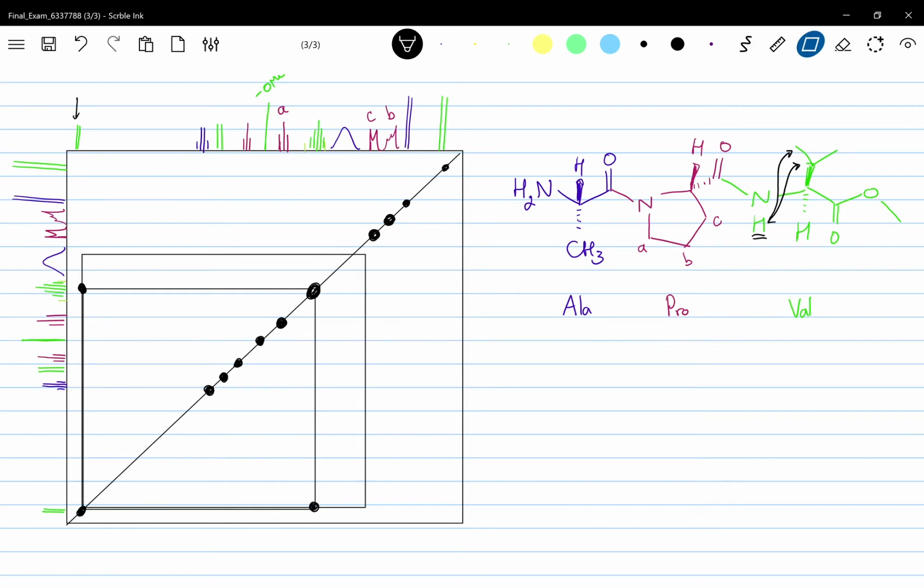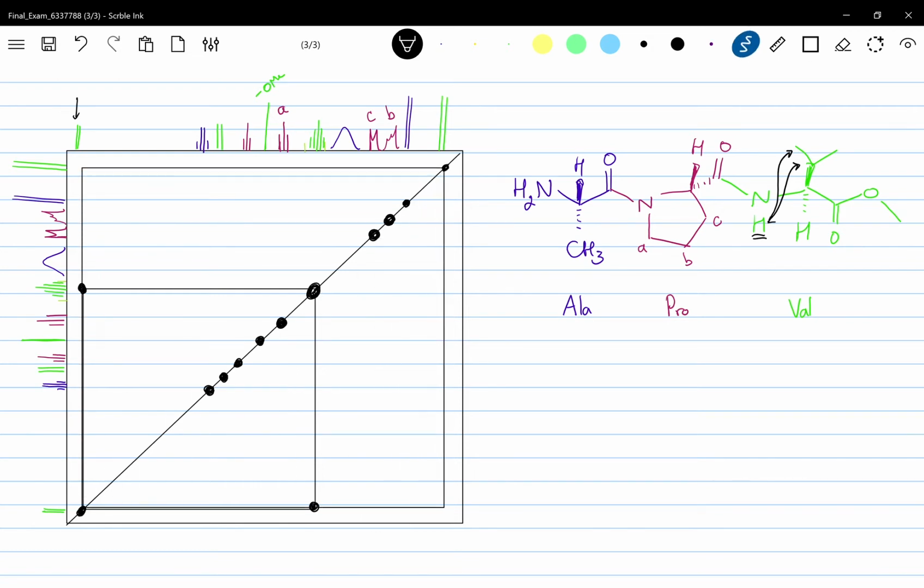Which will be this doublet with the most upfield shift. Okay, and then that is it for intramolecular interactions. Well, for intra-amino acid interactions, to be more precise.